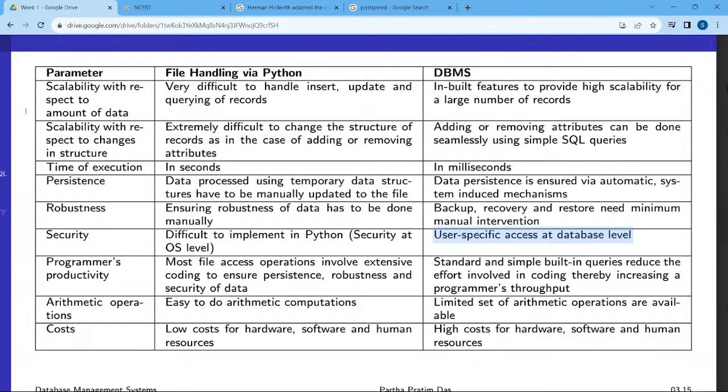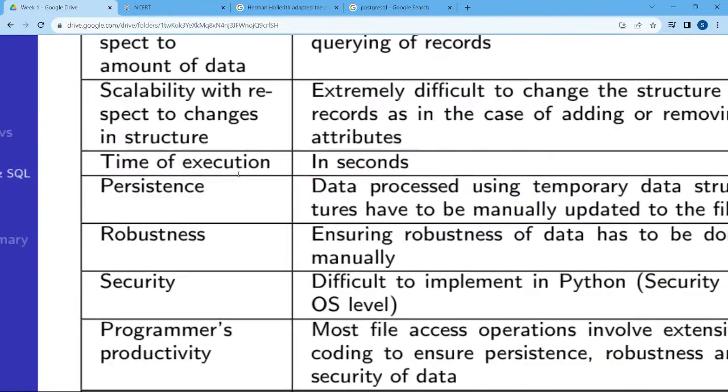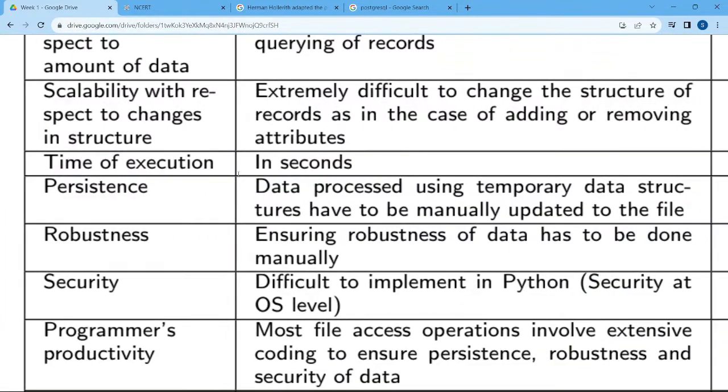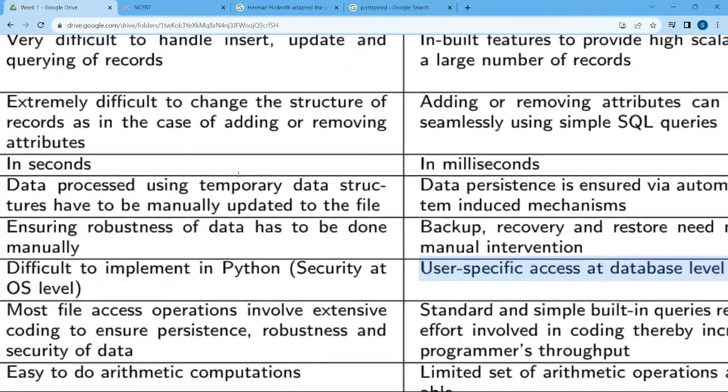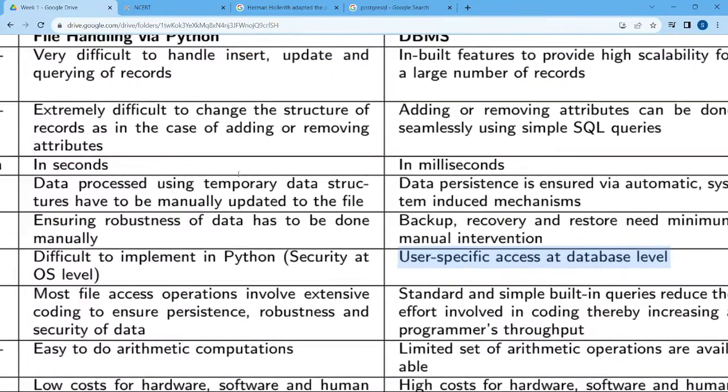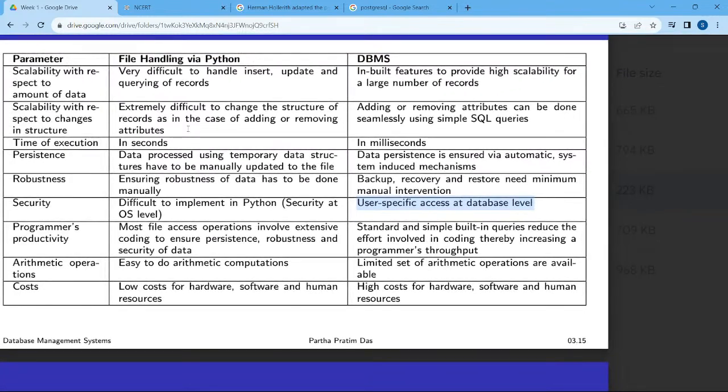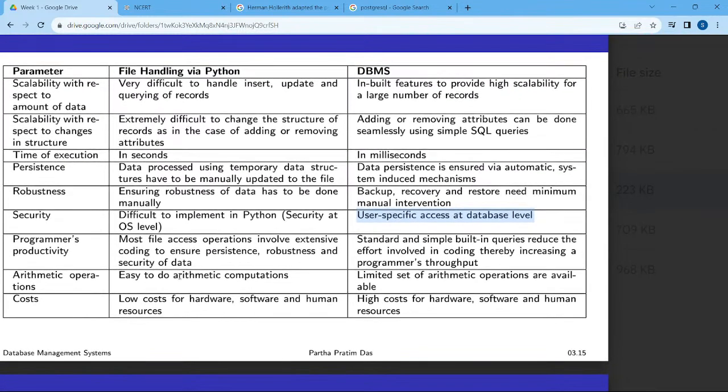Person A can see this table as a whole, whereas person B might only be able to see this much section and not the column on the right. That's how security works.